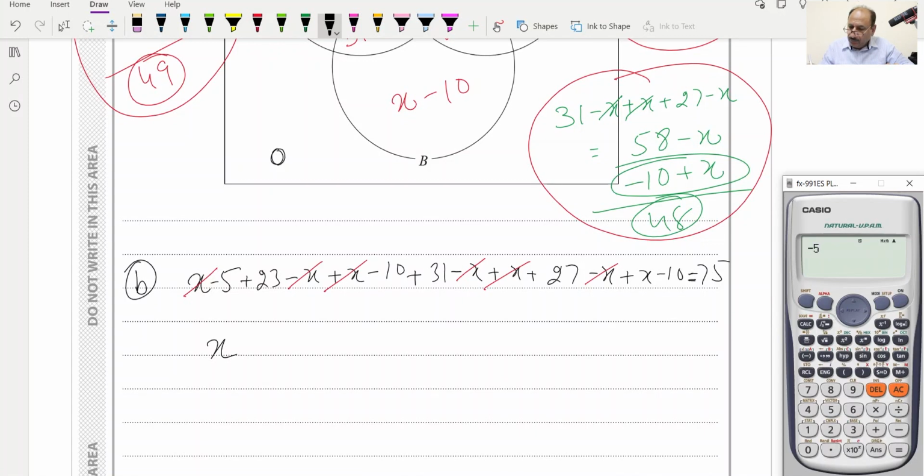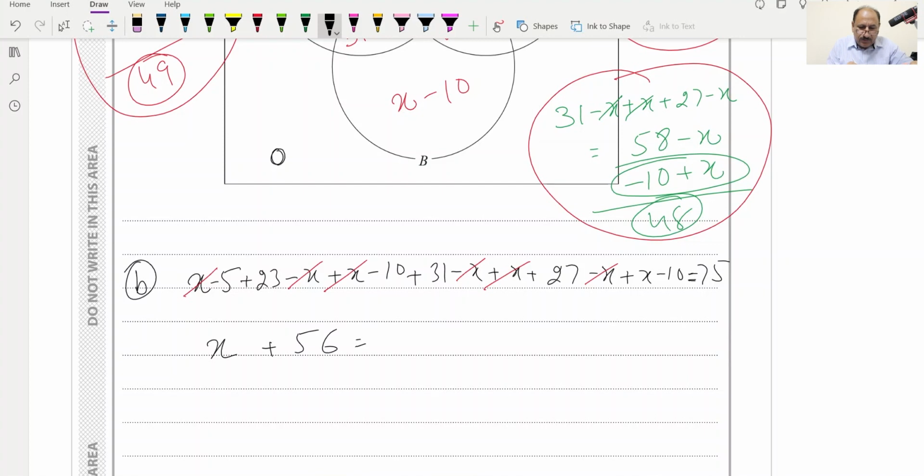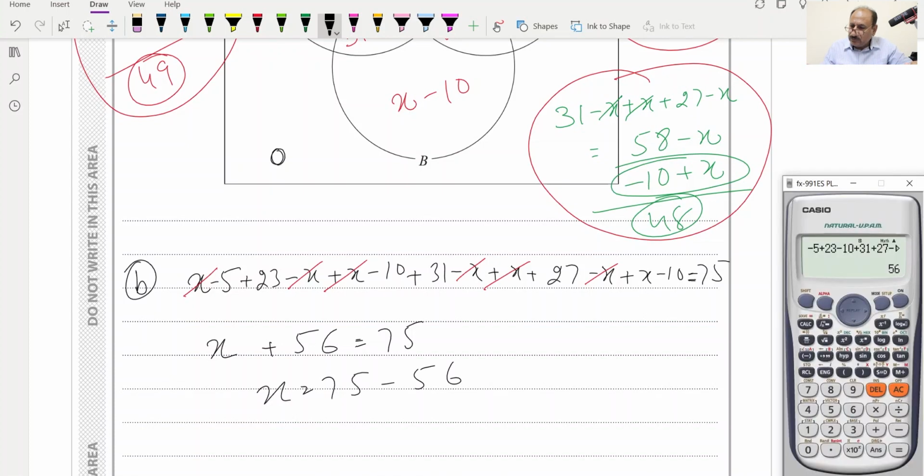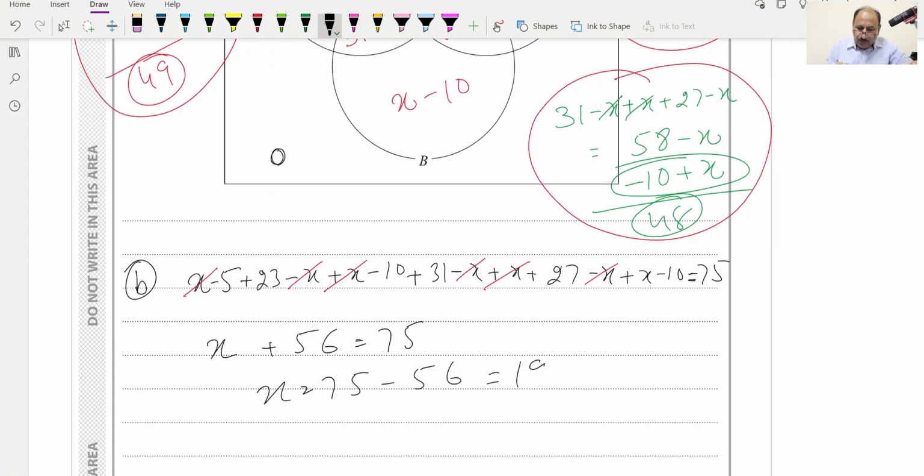Minus 5 plus 23 minus 10 plus 31 and plus 27 and minus 10 is equal to 56. Yes, so plus 56 is equal to 75, and x is equal to 75 minus 56, and the answer is 19. So the x value is equal to 19.